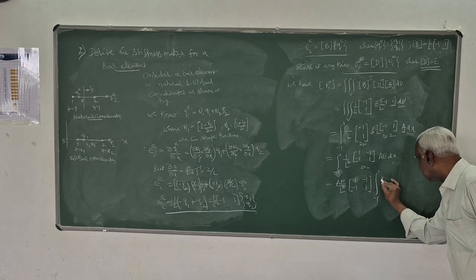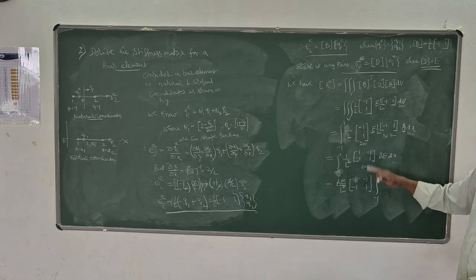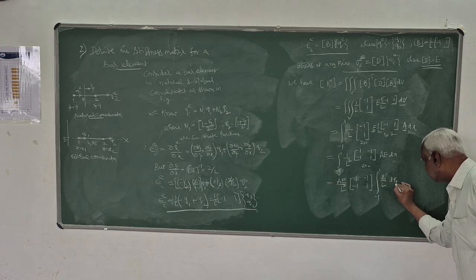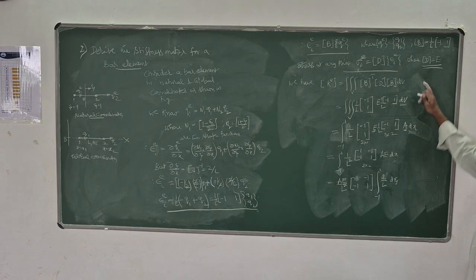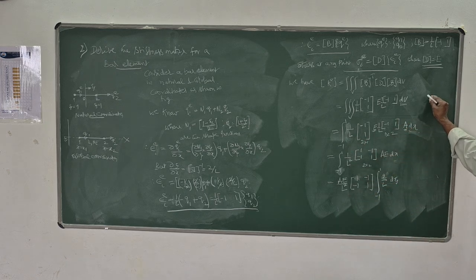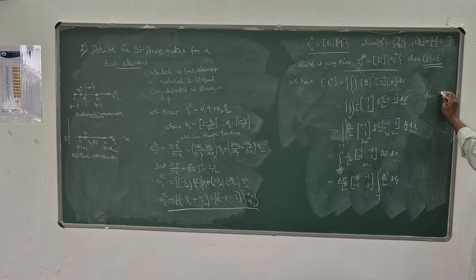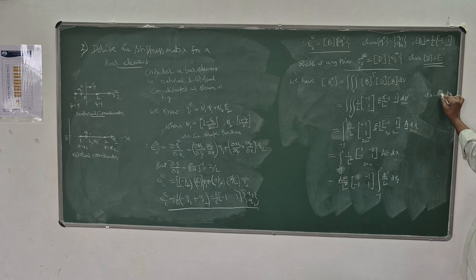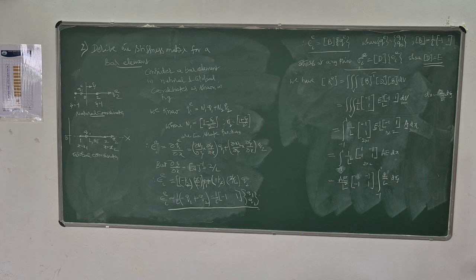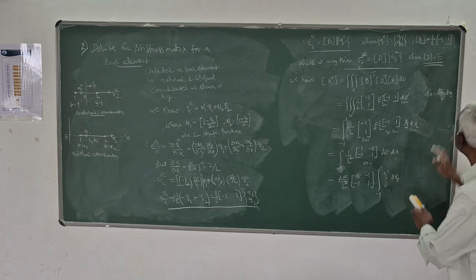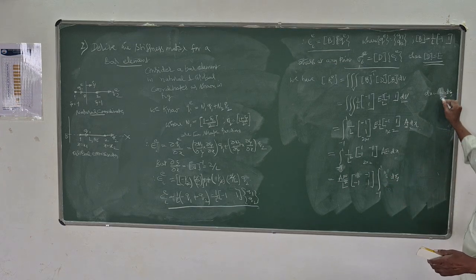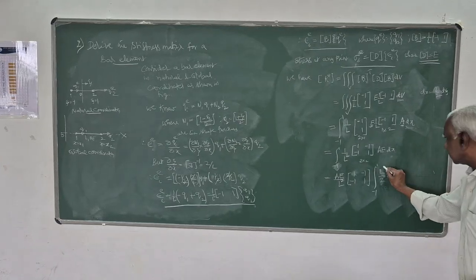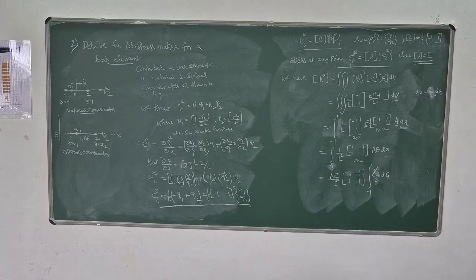dx is nothing but the Jacobian relationship between natural length, that is L by 2 into d psi. I already told this in the previous slide, that dx is L by 2 into d psi; the Jacobian is the relationship between them. So this will cancel, and we will have AE by L into the matrix 1, minus 1, minus 1, 1. The 2 I take outside: AE by 2L, and the integral of d psi is psi with limits minus 1 to 1. So 1 minus of minus 1 is 2. That 2 and this 2 will cancel.